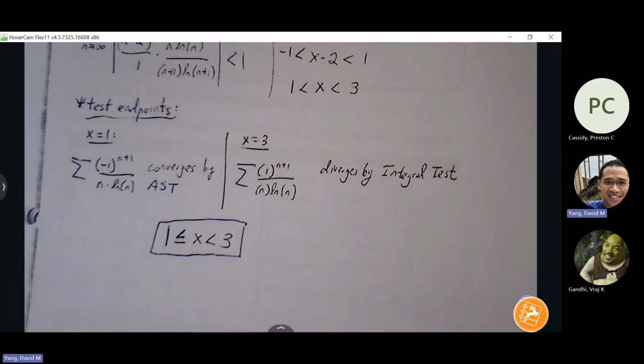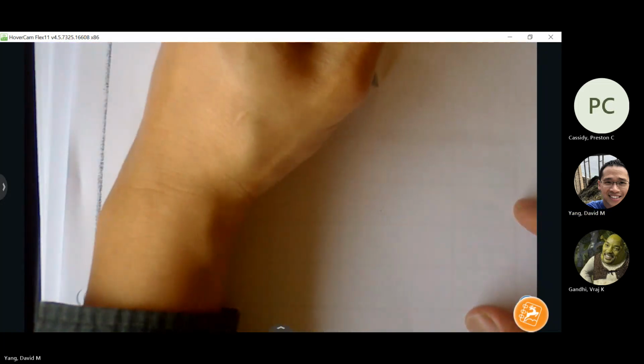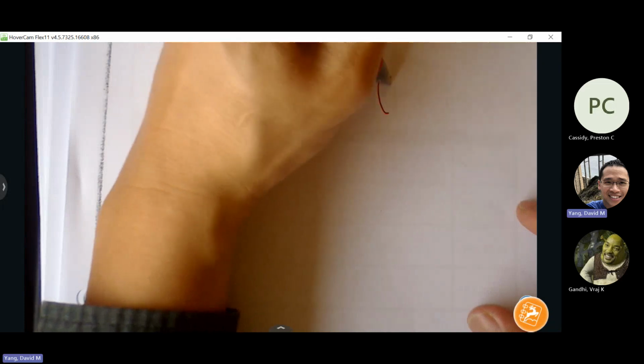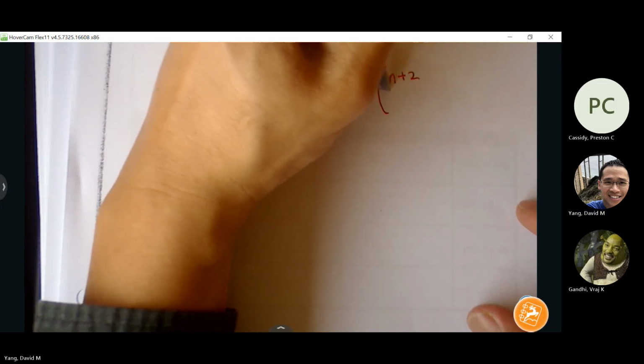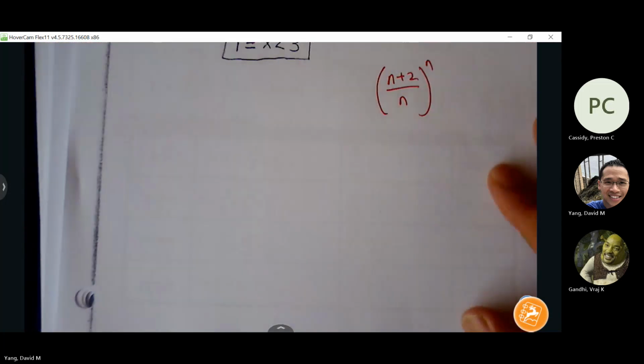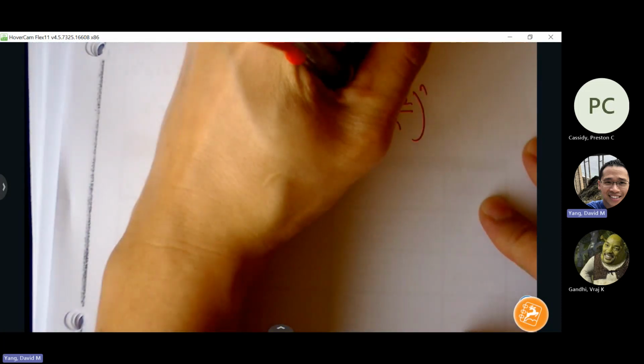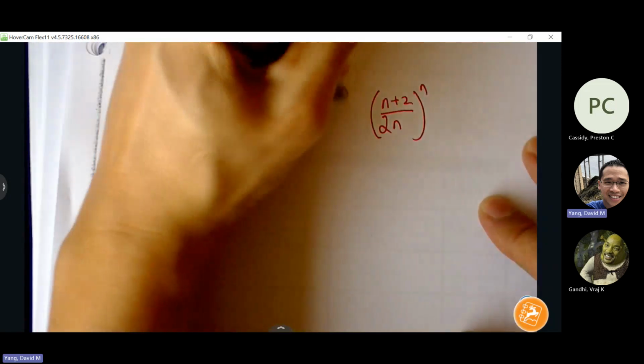For instance, if my series is something like that, let's say this is 2, after you do the nth root.